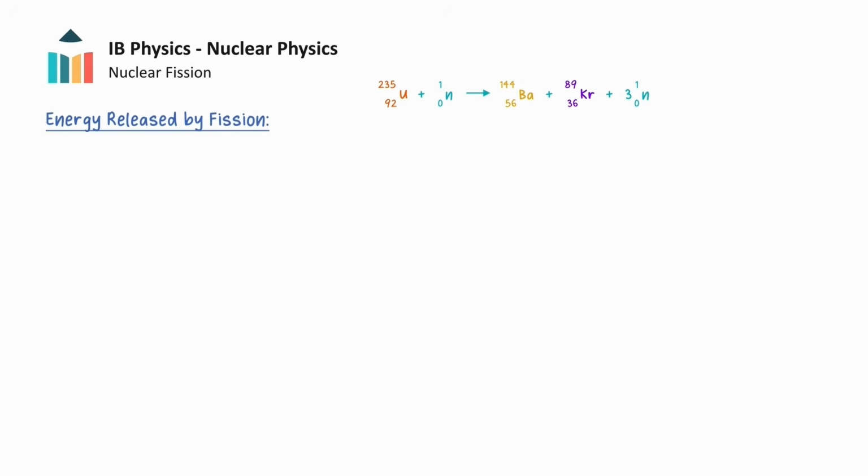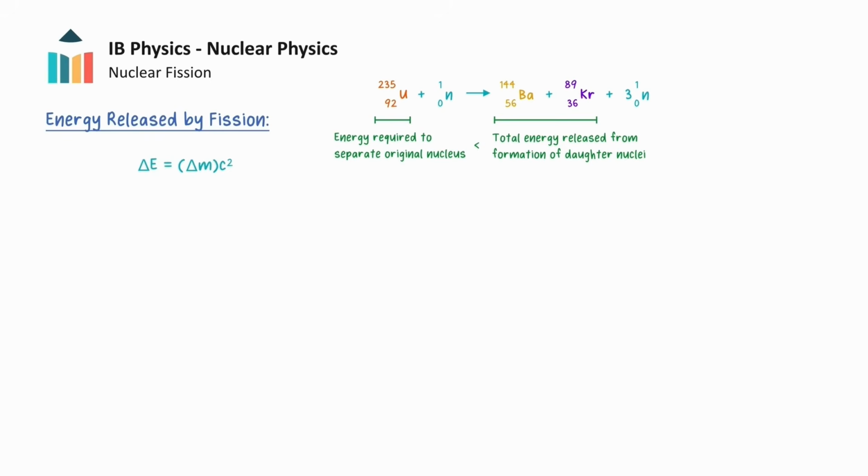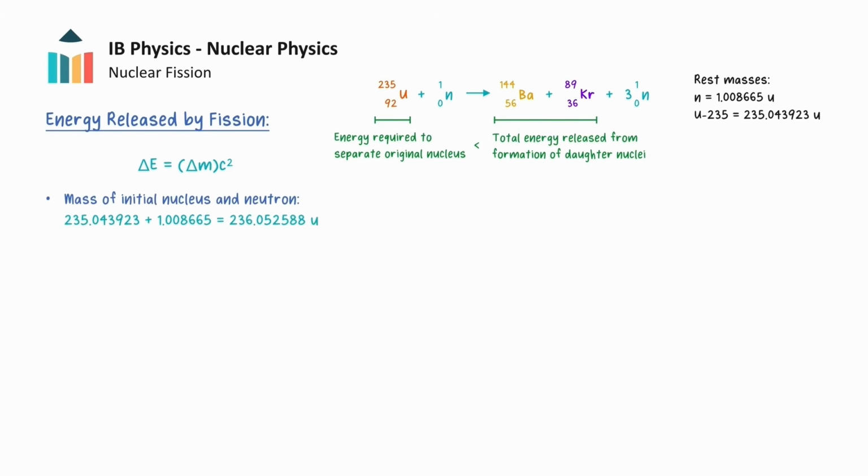Energy is released in a fission reaction when the total energy that is released from the formation of two daughter nuclei is greater than the energy required to pull the original nucleus apart. To calculate this value, we can determine the difference in mass between the reactants and the fission products, and then use the mass-energy equivalence E equals mc squared. Using the rest masses of a neutron and uranium-235, the mass of reactants can be calculated as follows.